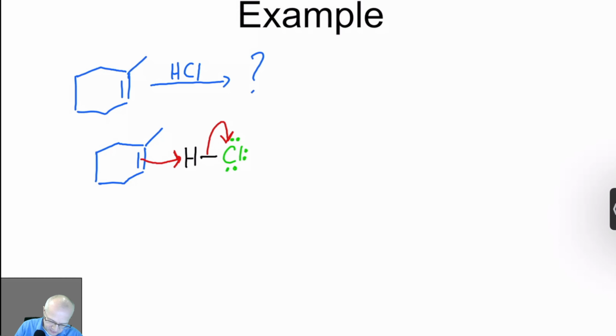And the bond electrons go to the chloride to form an ion of chloride. And let's draw some arrows to the right here. So that's going to give us this carbocation. And that'll put the black hydrogen down here, because that will generate the tertiary carbocation.